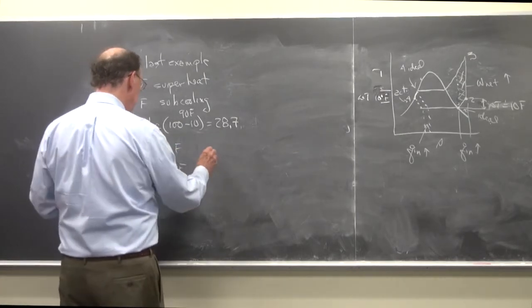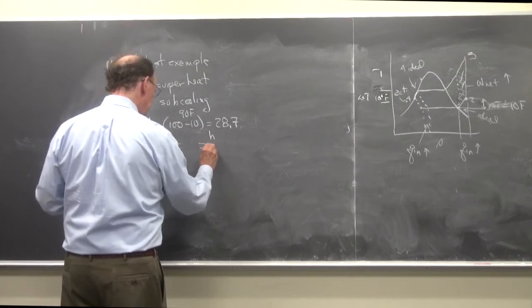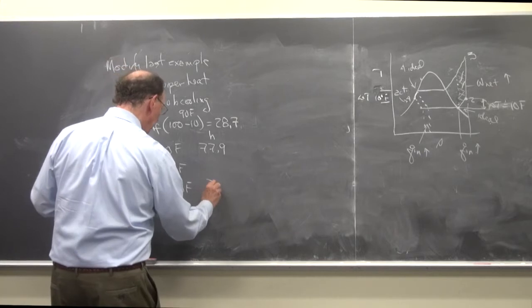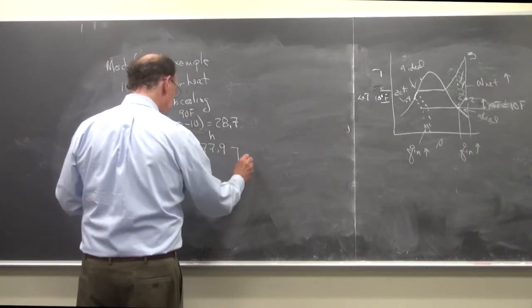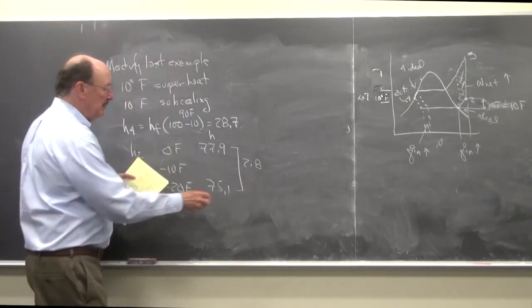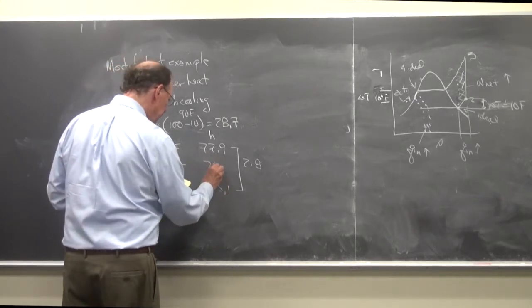And the enthalpies there, H at 0 degrees was 77.7, 77.9, 75.1. If I look at this difference, it's 2.8, and we're halfway between that. So if I take 1.4 away from this, we come up with 76.5.